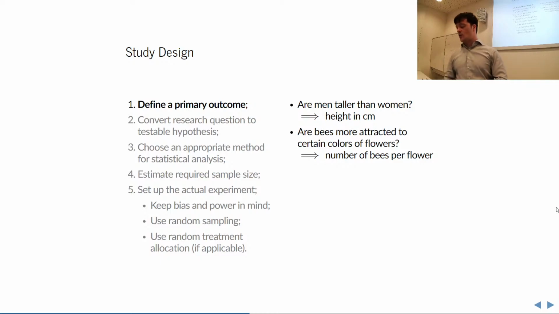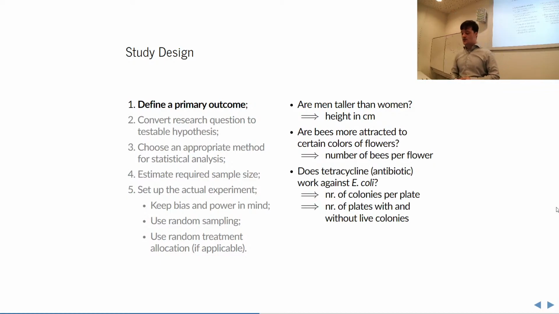If you want to know, are bees more attracted to certain colors of flowers than others, then you would count the number of bees that visit a flower within a given amount of time, at a given moment on a day. And then the last one, does tetracycline work against E. coli? That kind of depends on how strong tetracycline is. If it's really, really strong, it kills off everything, then yeah, we can count colonies, but we're going to count 0 or not 0.